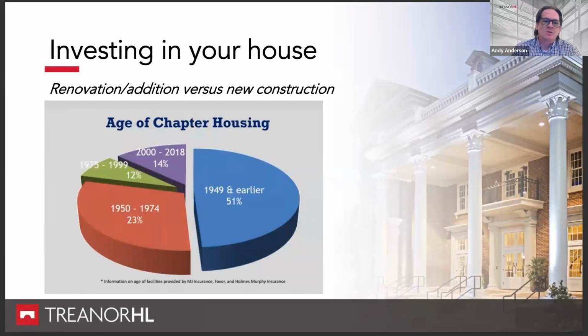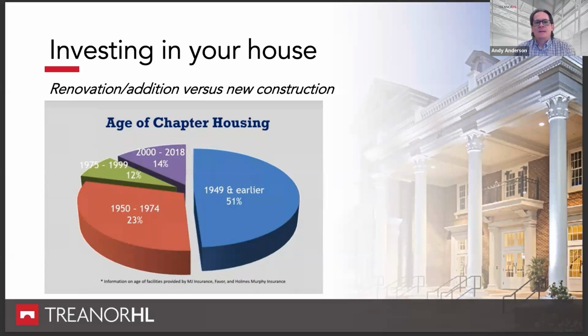It shows the data on existing chapter housing out there, and you can see from this pie chart that almost 75% of Greek housing is over 25 years old, and over 50% is over 75 years old. So we know that our housing is aging, and we all have to understand what we are going to do for Greek housing as we move forward. So it's good to understand that data.